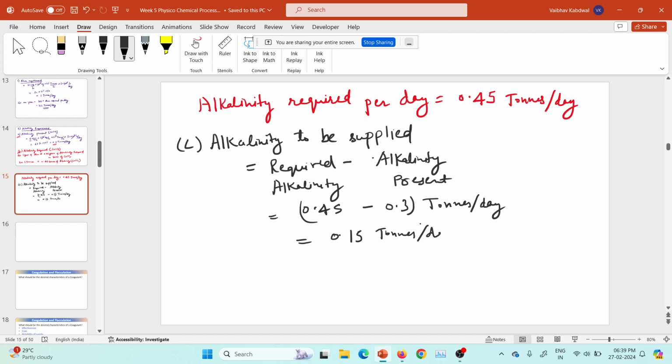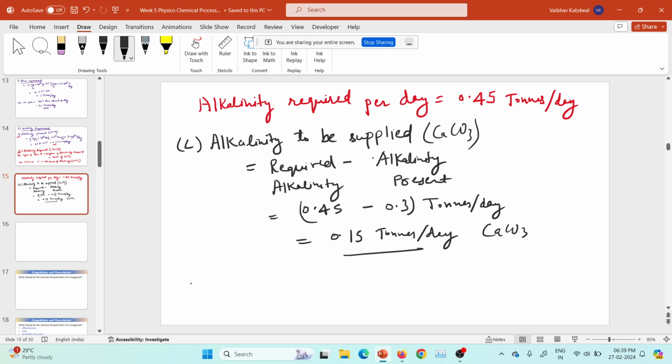Minus 0.45 tons per day. So this is in terms of CaCO3. So let's write here in terms of CaCO3.